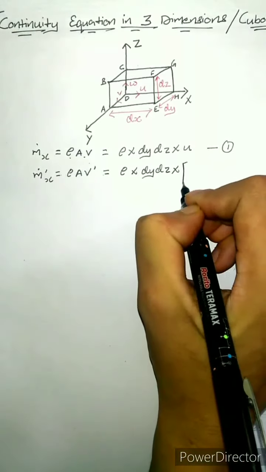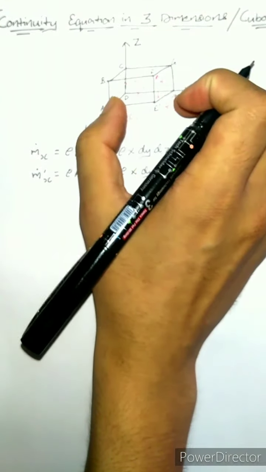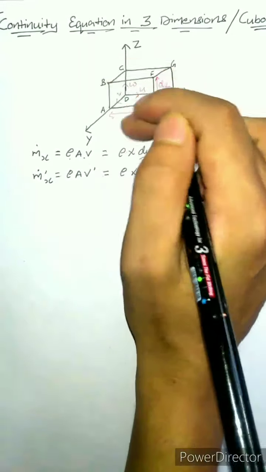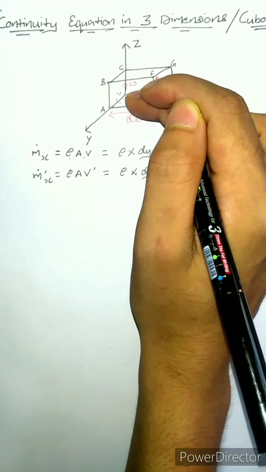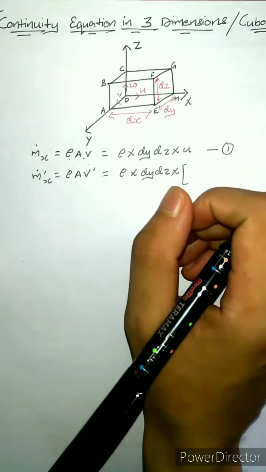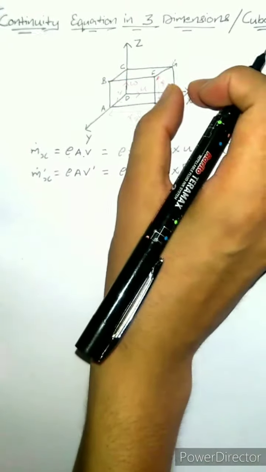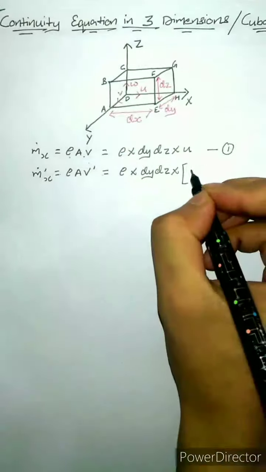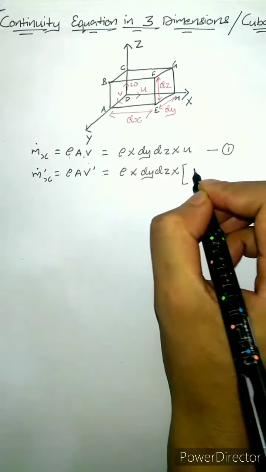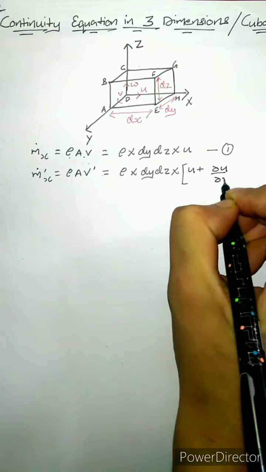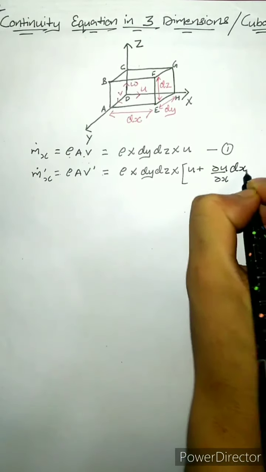There is some increment in the velocity, that is, there is a difference in velocity between the starting portion and the end portion of the cuboid. The end portion velocity is u plus del u upon del x dx.